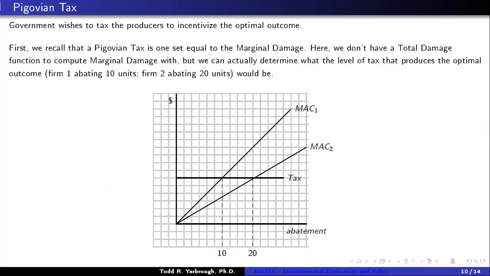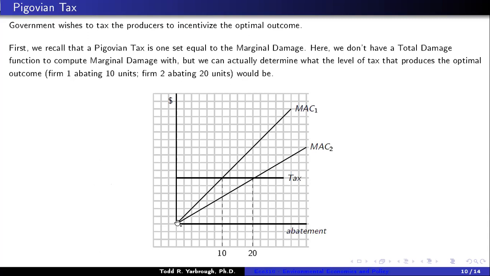What this means is that if we set the tax equal to $2,000, then this will fully incentivize firm 1 to abate 10 units, no more, no less, and it will incentivize firm 2 to abate 20 units, no more, no less. So imagine that this line is at $2,000.